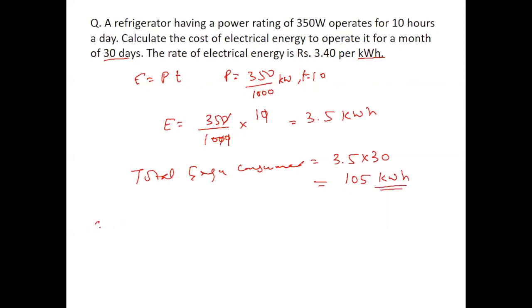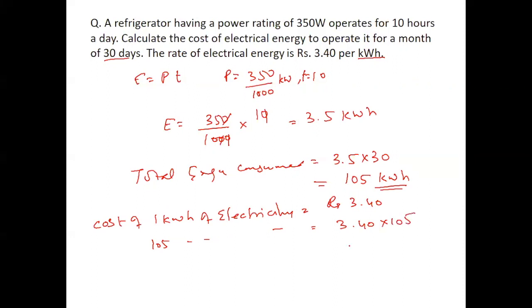The cost of 1 kilowatt hour of electricity is rupees 3.40. So 105 kilowatt hour of energy is 3.40 into 105.